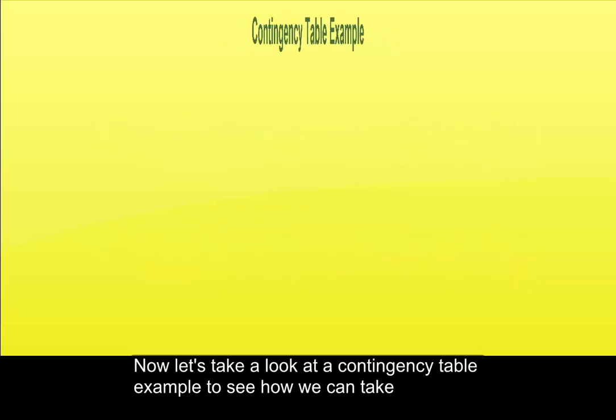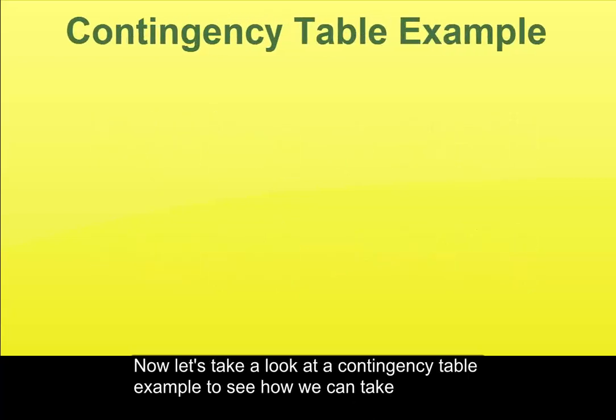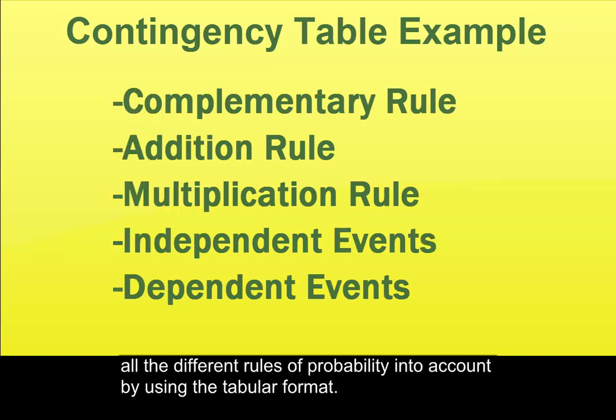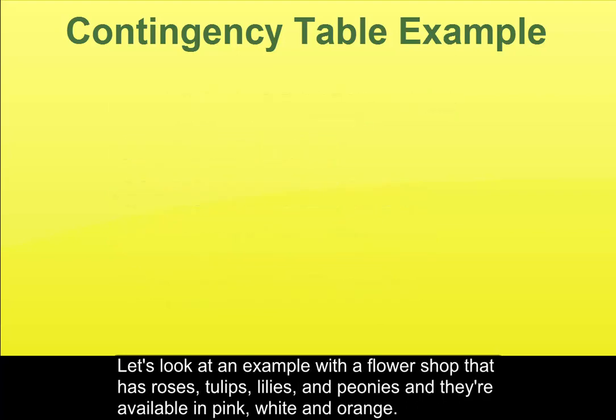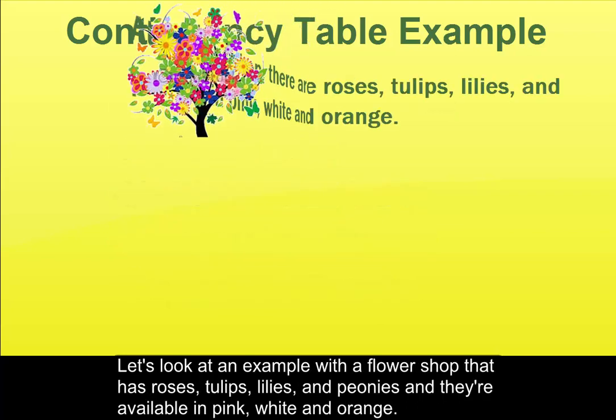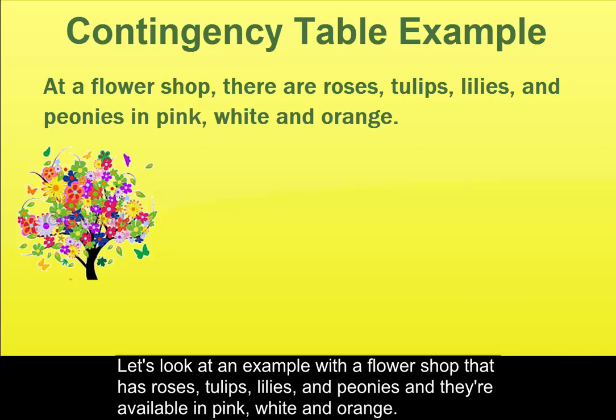So now let's take a look at a contingency table example to see how we can take all of the different rules of probability into account by using the tabular format. So let's look at an example with a flower shop that has roses, tulips, lilies, and peonies, and they're available in pink, white, and orange.